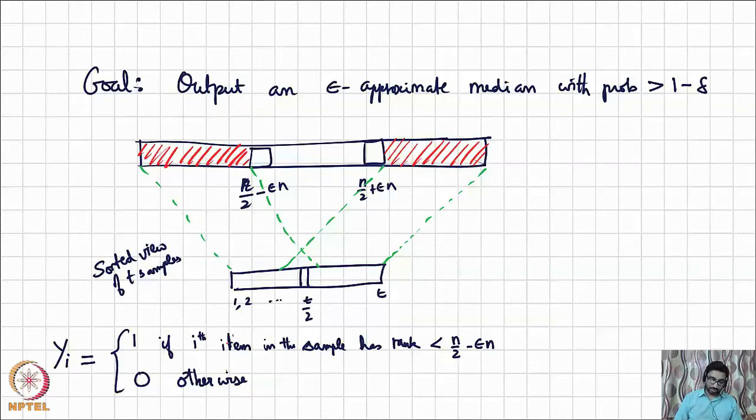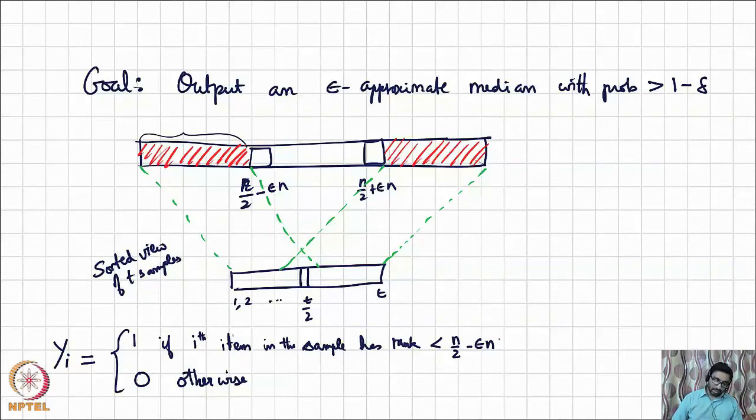Basically, this captures the event that the ith item is coming from the red range on the left. Such items, we don't want too many of.